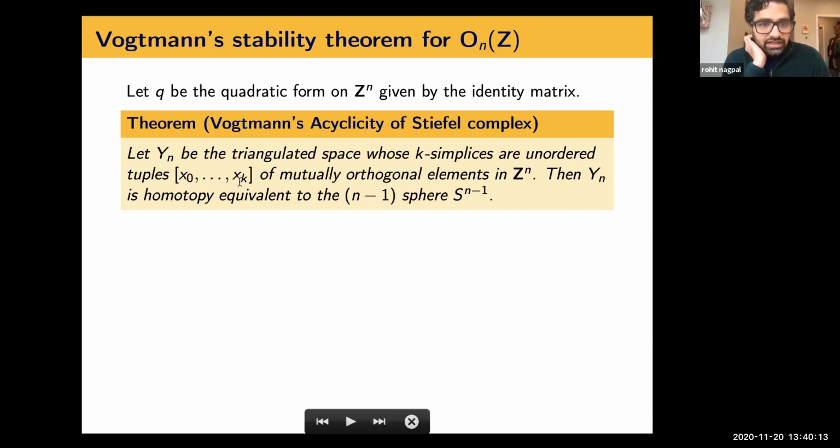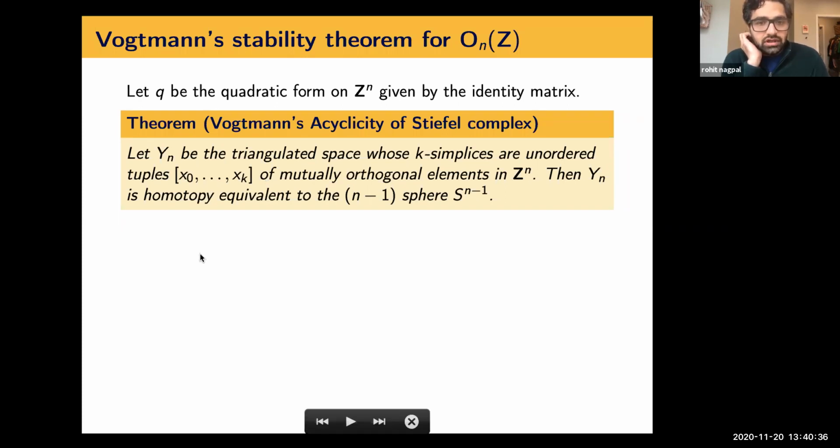Here x0 to xk is a k-simplex if these are just mutually orthogonal elements in Z^n, and it's an unordered tuple. So a k-simplex is an unordered tuple of k plus 1 mutually orthogonal vectors in Z^n.